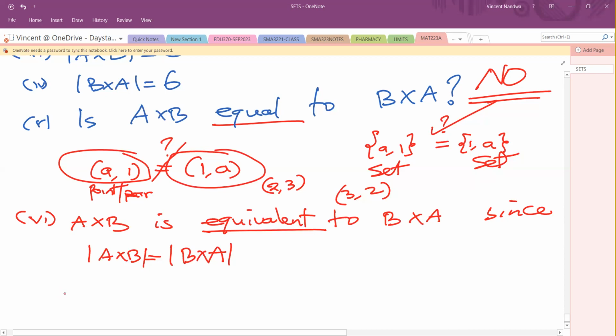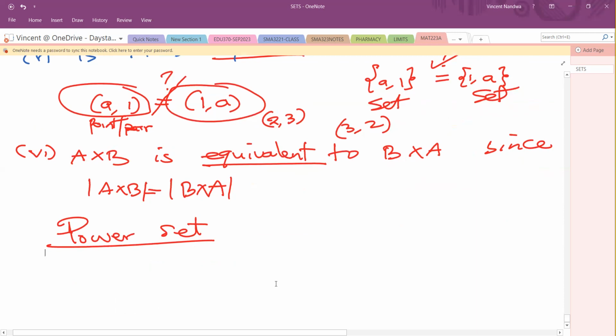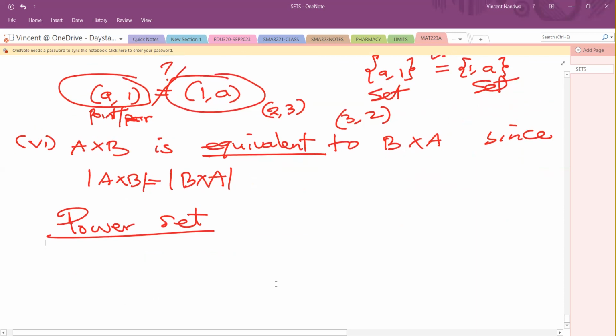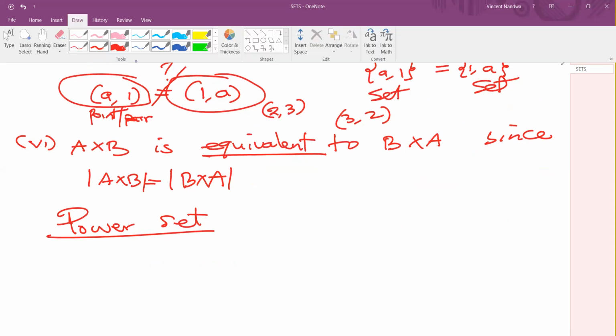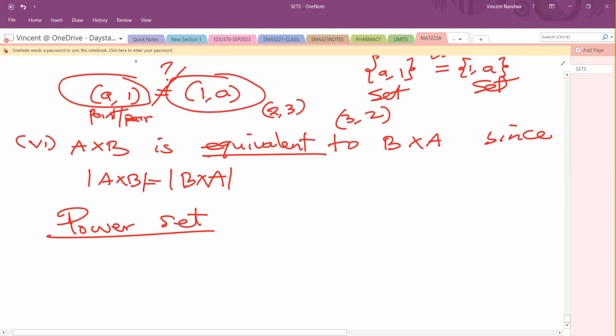So the next definition is what we call the power set. We define the power set of a set as the collection of all possible subsets that a set can have. So let A be a set.